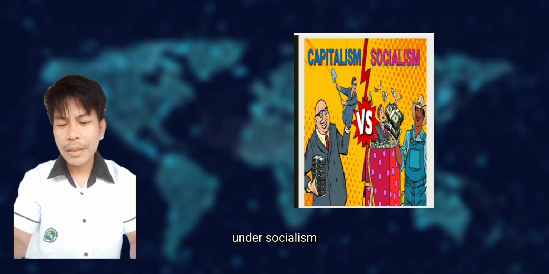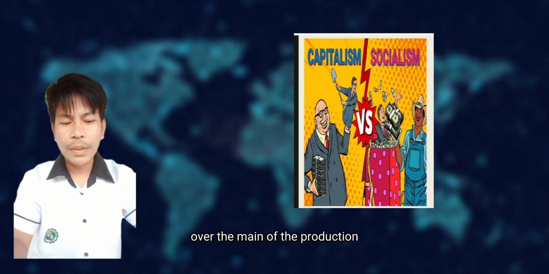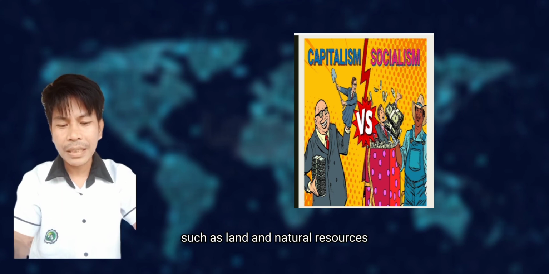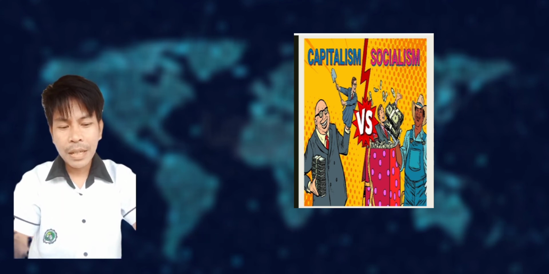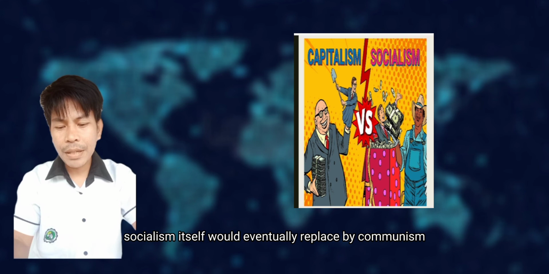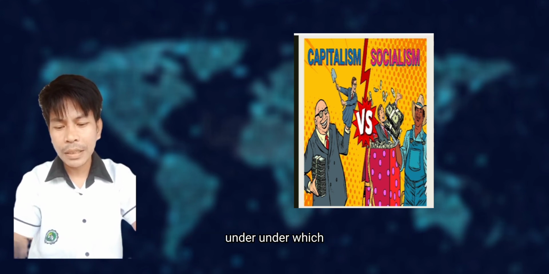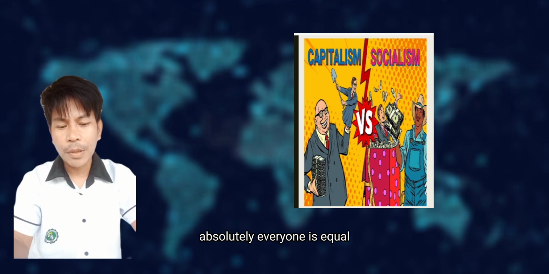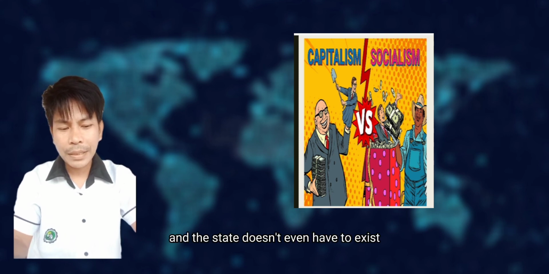Under socialism, the state would gain control over the main means of production such as land and natural resources. In his view, socialism itself would eventually be replaced by communism, under which absolutely everyone is equal and the state doesn't even have to exist.